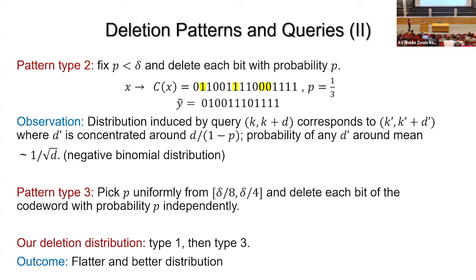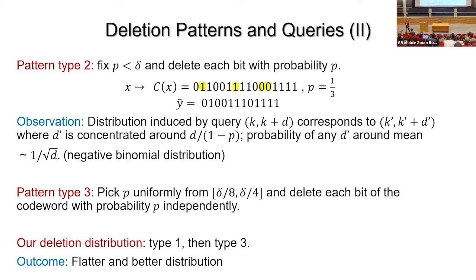What we do is we pick p, the deletion probability, uniformly in this interval, and delete each bit again with this probability. And then we combine deletion type 1, the prefix deletion, and this deletion type 3. And it turns out that this distribution is good for us to get a lower bound for 2-query Insdel codes.